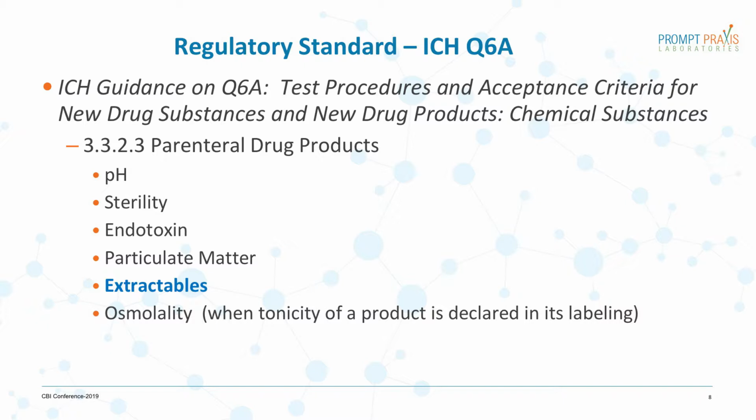pH, sterility, endotoxin, particulate matter, extractables. In particular, for the generic industry, that typically involves the elastomeric closure, because a lot of those products are just glass vials, which are relatively inert, and the elastomeric stopper.